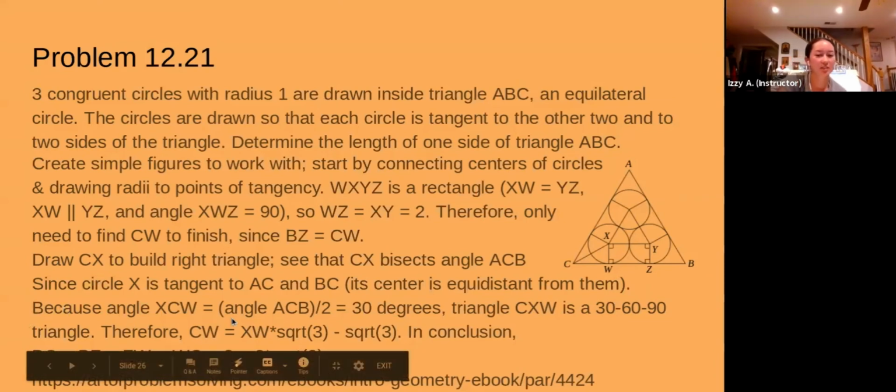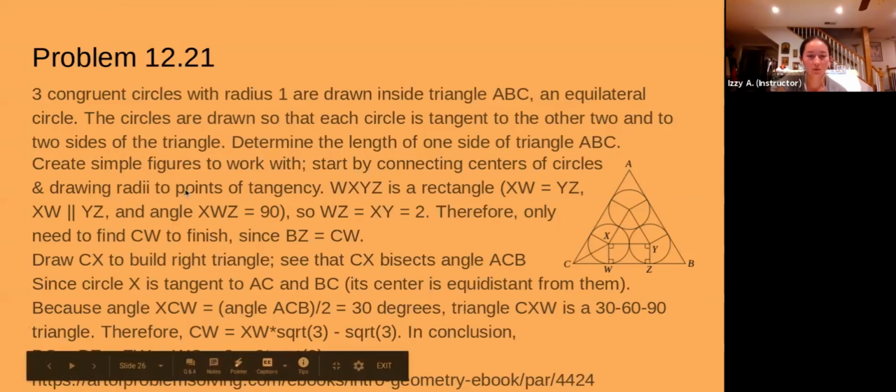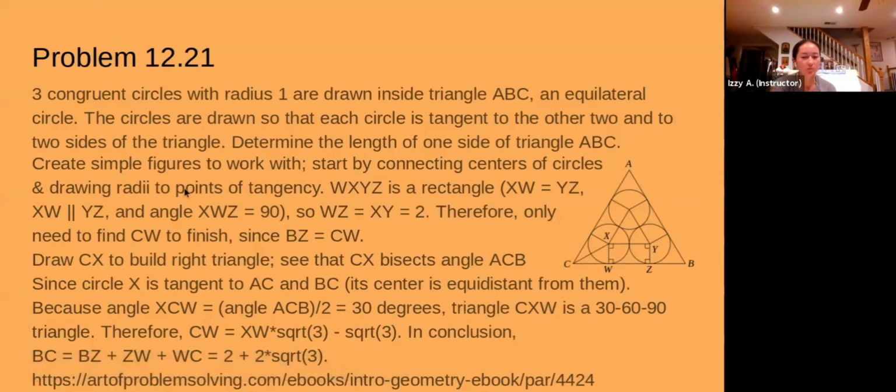Because angle XCW is equal to angle ACB divided by 2, which is going to be equal to 30 degrees, triangle CXW is a 30, 60, 90 degree triangle. Therefore, CW would be equal to XW times the square root of 3, minus the square root of 3. And in conclusion, BC would be equal to BZ plus ZW plus WC, which would be 2 plus 2 times square root of 3.